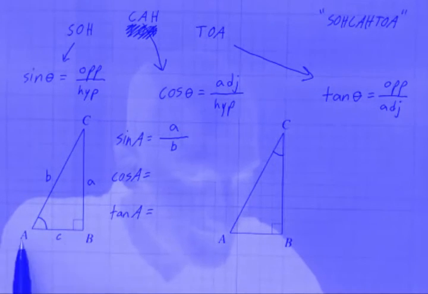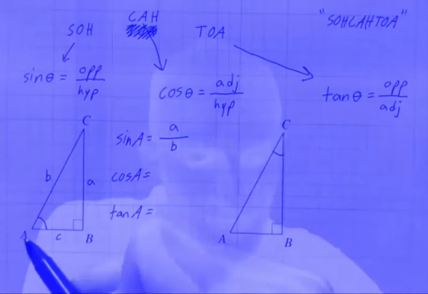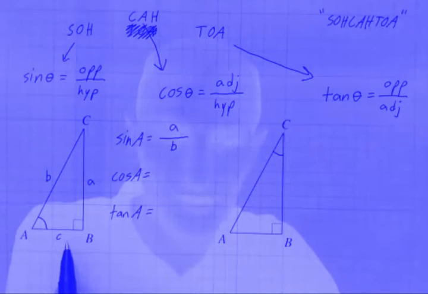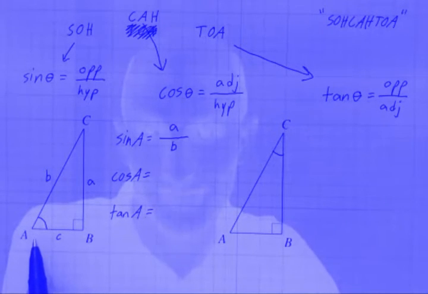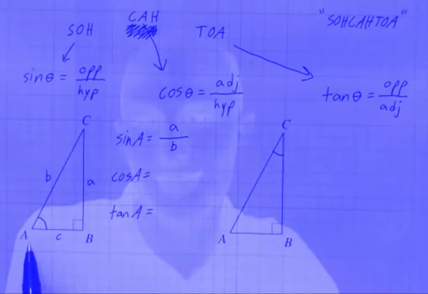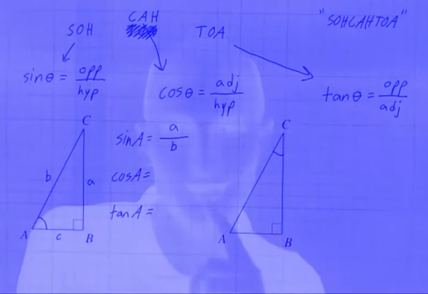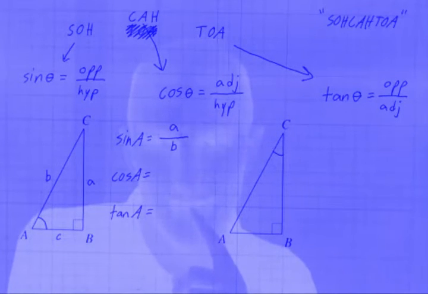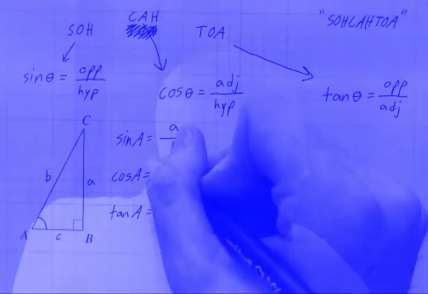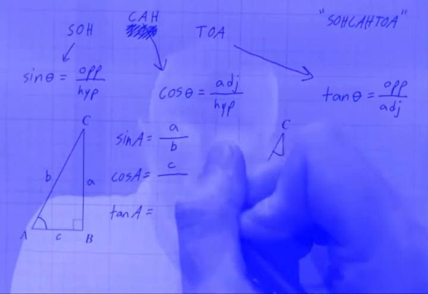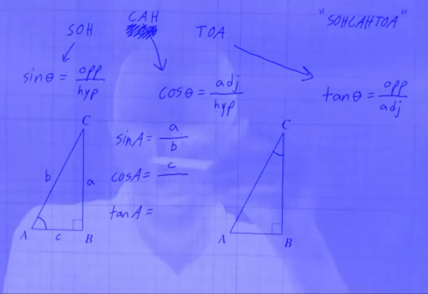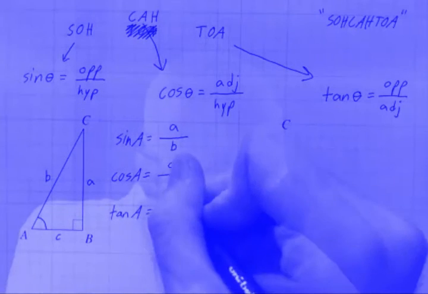We have the adjacent side right here, which is little c, and then the hypotenuse is b. These two sides, little b and little c, form angle A. So the adjacent is little c because it's touching our reference angle A, and it's not the hypotenuse. Because there's the hypotenuse. So cosine of A is adjacent, in this case little c, divided by the hypotenuse, which we know is little b.